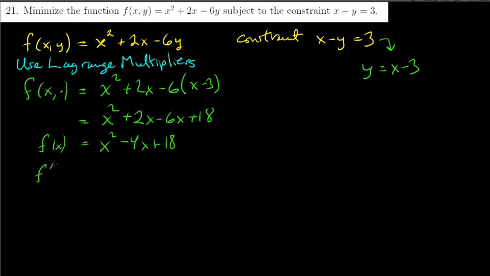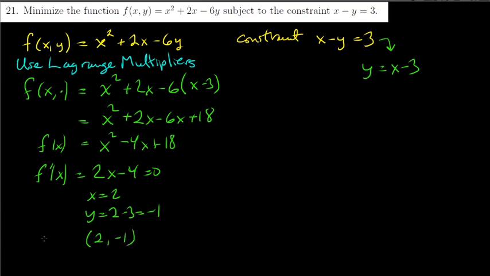Take the derivative, set it equal to 0. x has to be 2. And if x is 2, y is 2 minus 3, which is -1. So your minimum is at the point (2, -1).